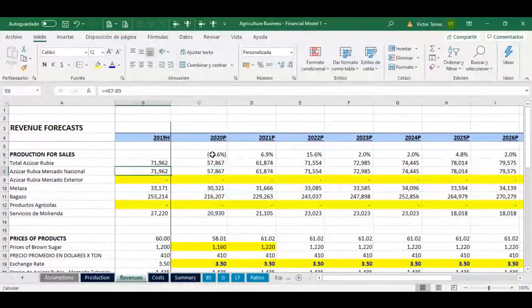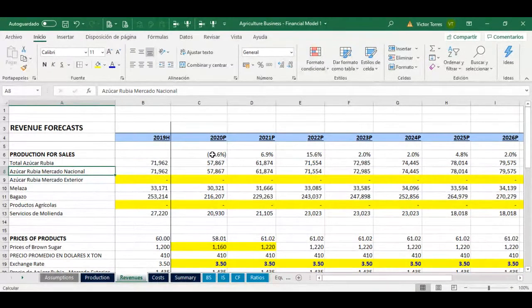Everything is going to be brown sugar, right? This company did not consider going through a lengthy process of transforming brown sugar to white sugar, and everything is being sold in the local economy, right? Nothing is being exported. By the way, there are different prices, obviously, from local to what you're going to see outside.